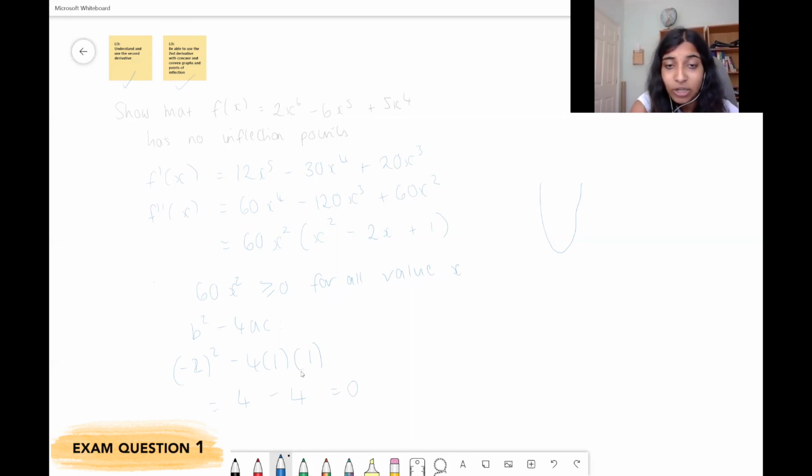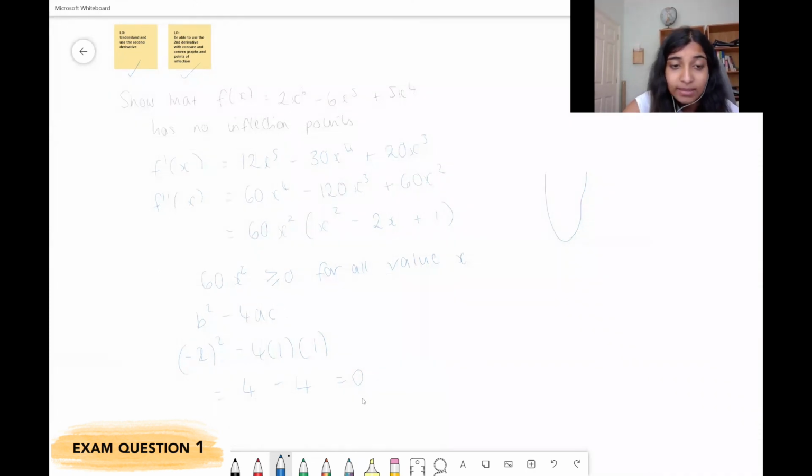So that means there's only one real root of this equation. There'll be a repeated root, which means the graph would be something like this. It would only sit on the x-axis, it would never go below.